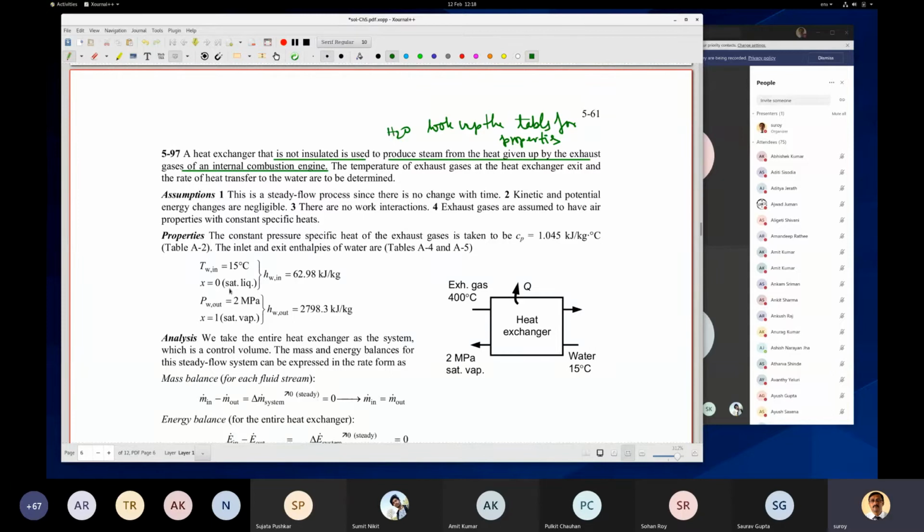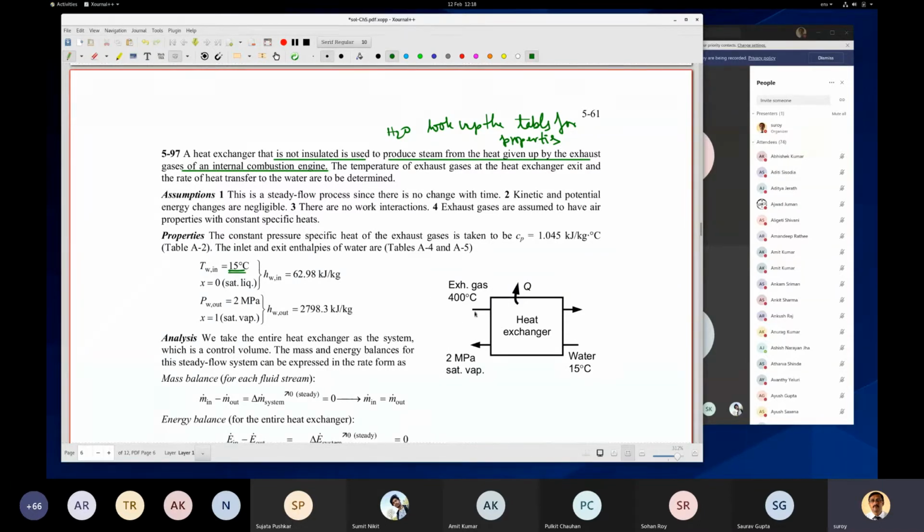But if it is saturated liquid, for the temperature that we are talking about, we need the inlet and exit enthalpies of water. At the inlet it is at 15 degrees centigrade.